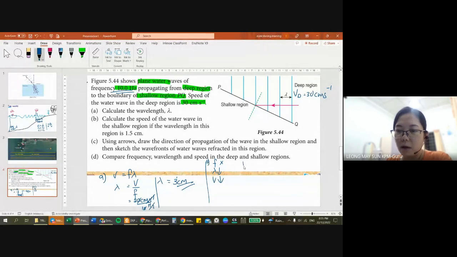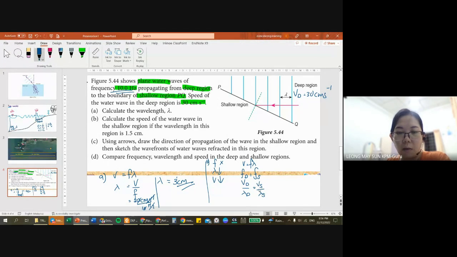Using the formula V equals F lambda, because the frequency doesn't change, the frequency at the deep region equals the frequency at the shallow region. Rearranging this formula, the wave speed at deep region over the wavelength at deep region equals the wave speed at shallow region over wavelength at shallow region.